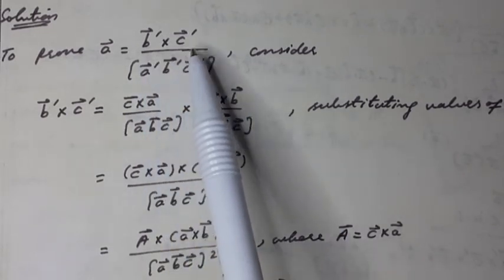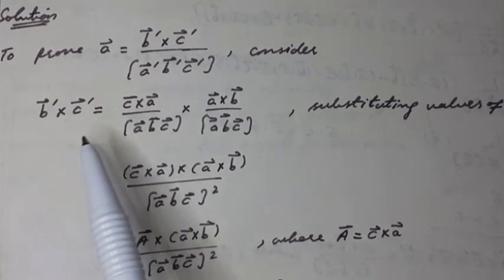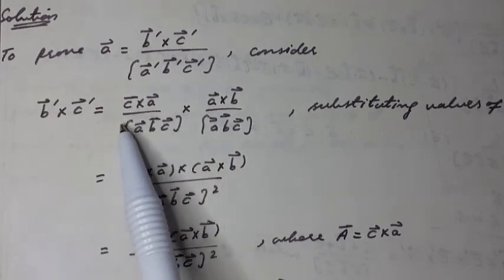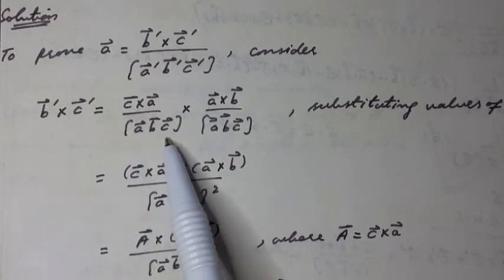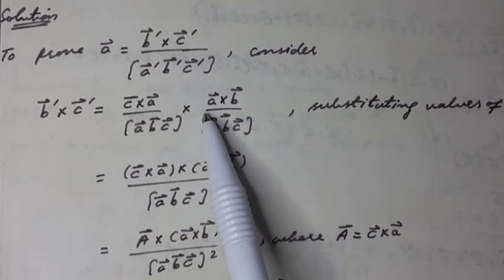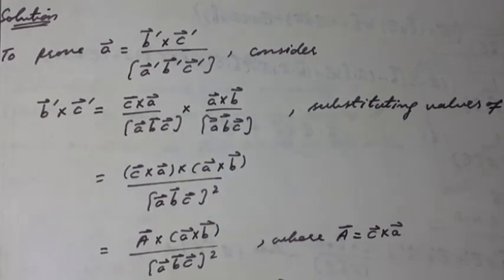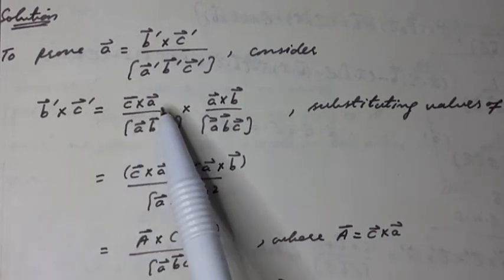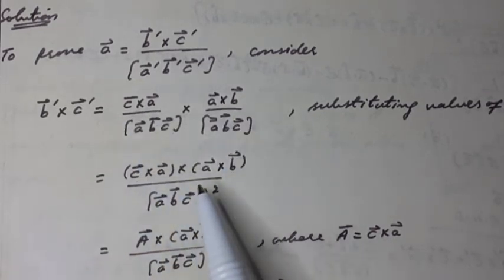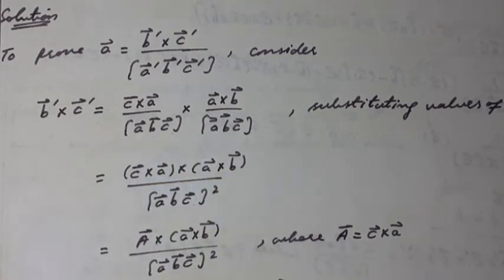Solution: Consider b' × c', where b' = (c × a)/[a b c] and c' = (a × b)/[a b c]. It can be written as (c × a) × (a × b)/[a b c]².